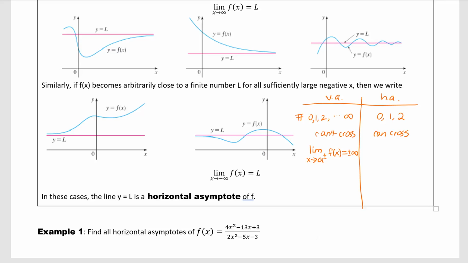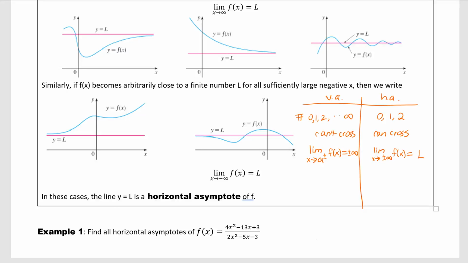So when do we have a horizontal asymptote? Well, the x is not going to a number. It's going to either positive or minus infinity, and we want the limit to equal a number. Okay? So the y is approaching a number when x goes to infinity or minus infinity.